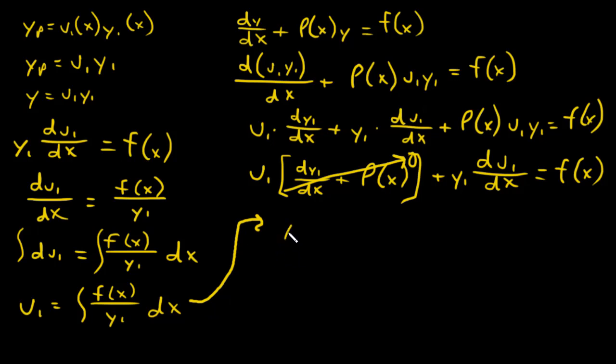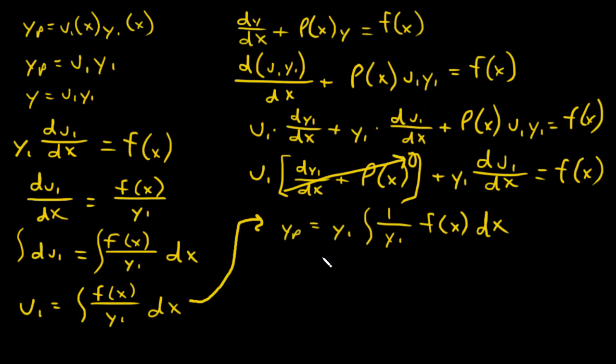So y sub p is equal to u1 times y1. So it is equal to y1 times this integral, because that's u1. If you'll allow me, I'm going to rewrite this: y1 times the integral of 1 over y1 times f of x dx. Does this form look familiar at all?